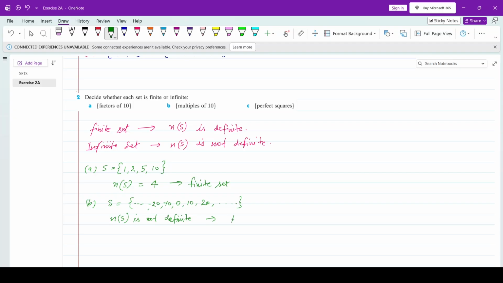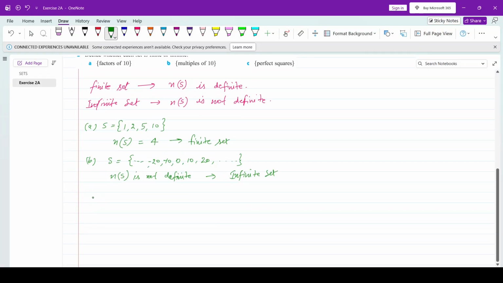Hence, infinite set. Similarly, for part C, we have a set for perfect squares.